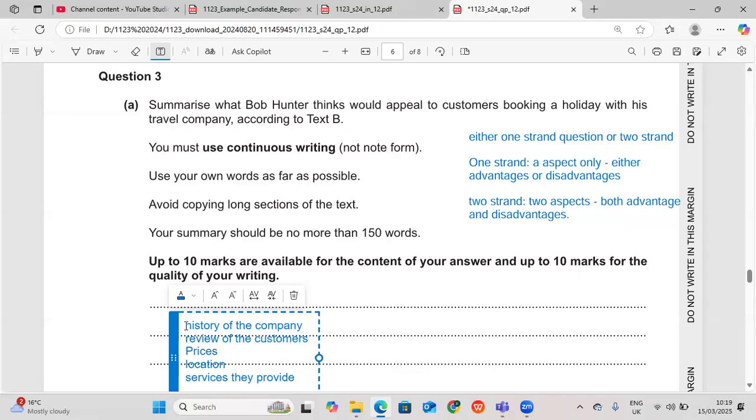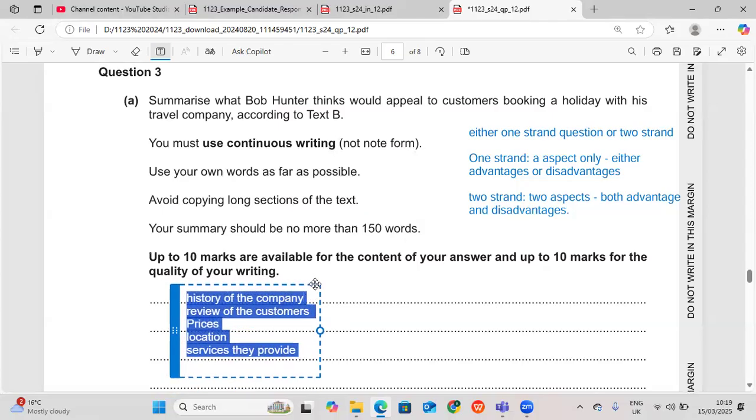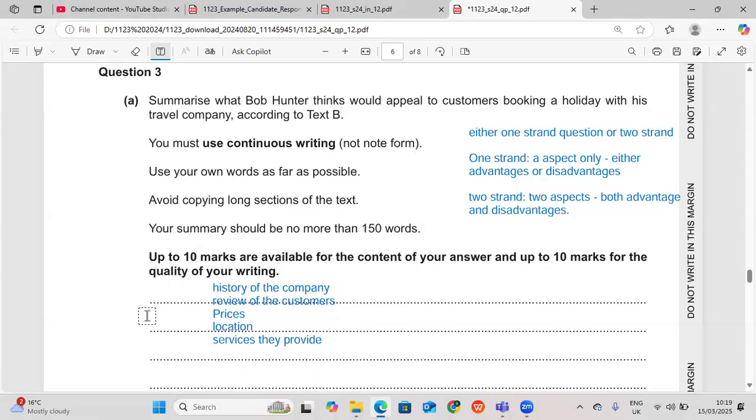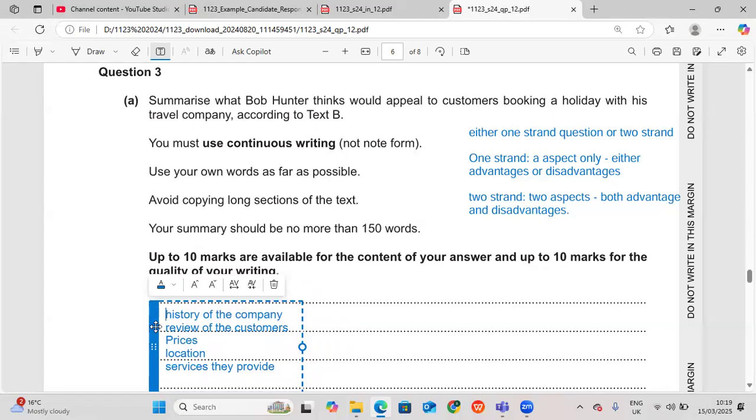So this is the kind of information you might be expecting as a reader of the summary. And these are the same reasons why Bob Hunter, who is the owner of the company, is suggesting in his text why his travel company would appeal to customers.